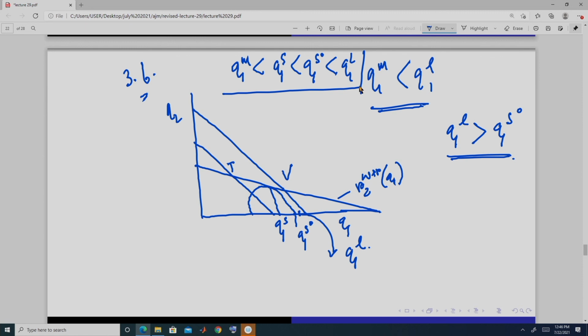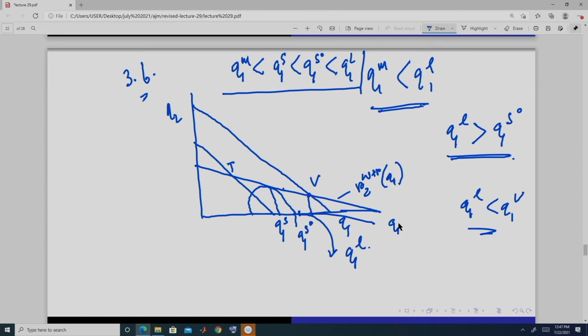Now, here if suppose it blocks the entry, how can it block? Let us draw this curve slightly like this, so that this point is phi. Okay. So, this is Q1L. In the earlier one, Q1L is less than Q1V. This has to be satisfied.